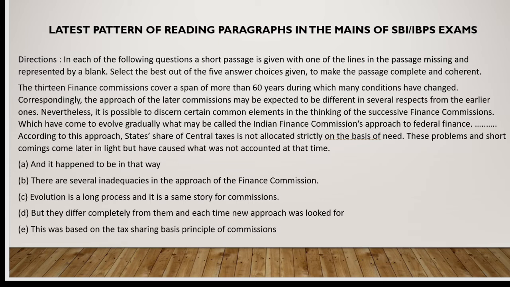Now we do not find any principle that is shared, because the principles are just different. The previous sentence talks about similarity, but the next sentence talks about something common. If the tax sharing basis principle of commissions was something similar, then option E would have been there, but option E is not applicable here. So we vehemently reject option E also.